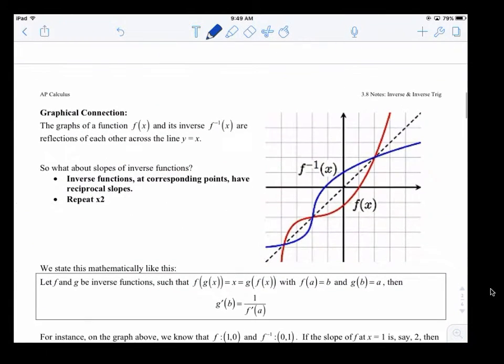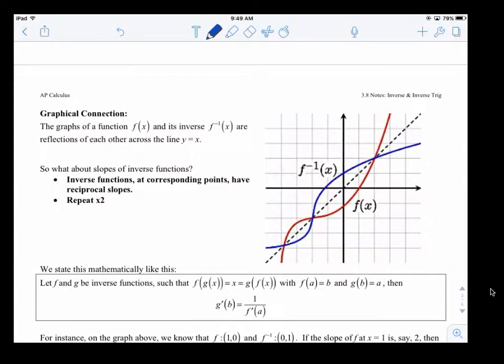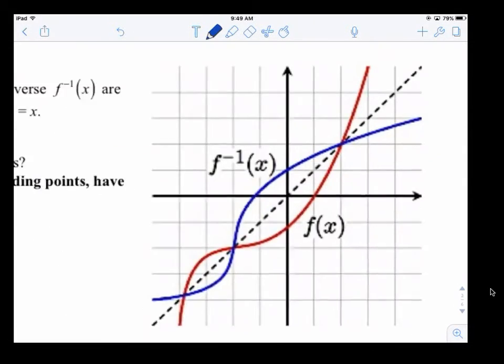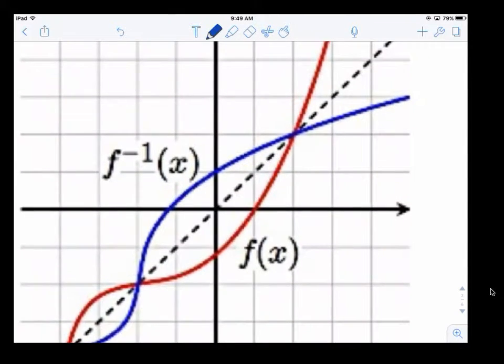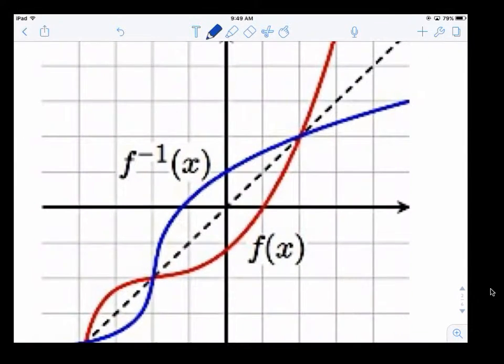So if you look on the second page, the graph of a function and its inverse are reflections of each other across the line y equals x. Say the red line is f of x, and the blue line is its inverse.